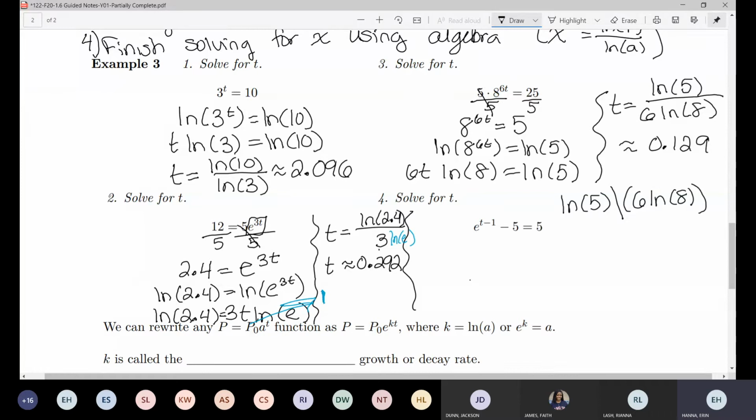And so for this last one, it's slightly different because we want to isolate the e to the t minus 1. But now we have subtraction instead of multiplication. So we're going to have to add 5 to both sides first to isolate that exponential term. Take the natural log of both sides.